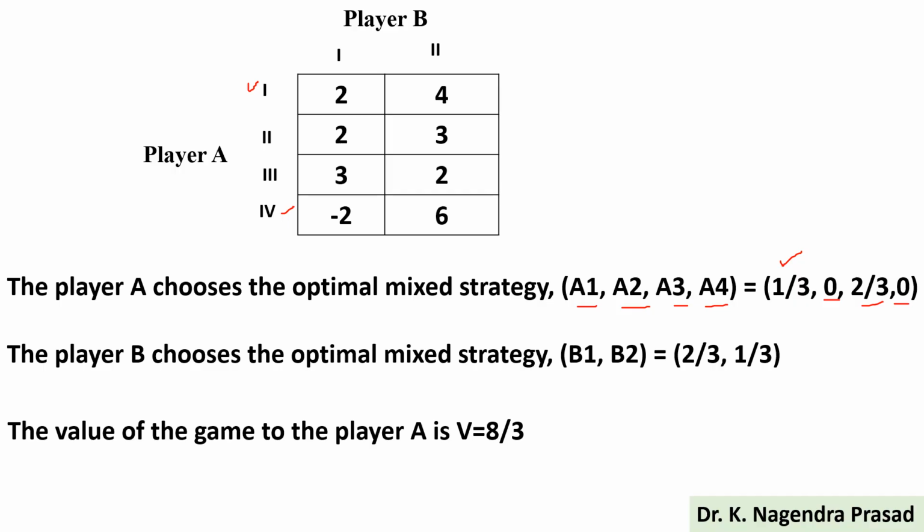So player A chooses the optimal mixed strategy 1 by 3, 0, 2 by 3, 0, and player B chooses the optimal mixed strategy, that is 2 by 3, 1 by 3, and the value of the game to player A is V equal to 8 by 3.